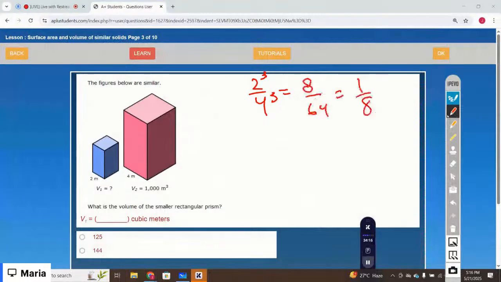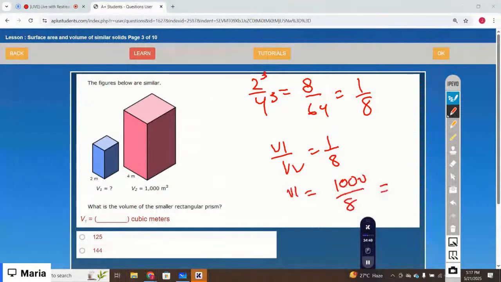That is 1 over 8. So V1 over V2 equals 1 over 8. V1 equals 1000 divided by 8.